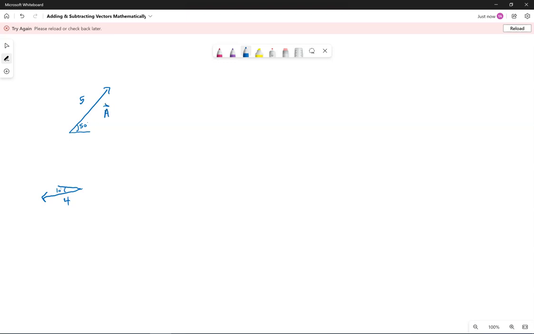If this is vector A and this is vector B, I would like to calculate the answer to the question, I'm making it up, 5B minus 2A. Let's find this resulting vector.